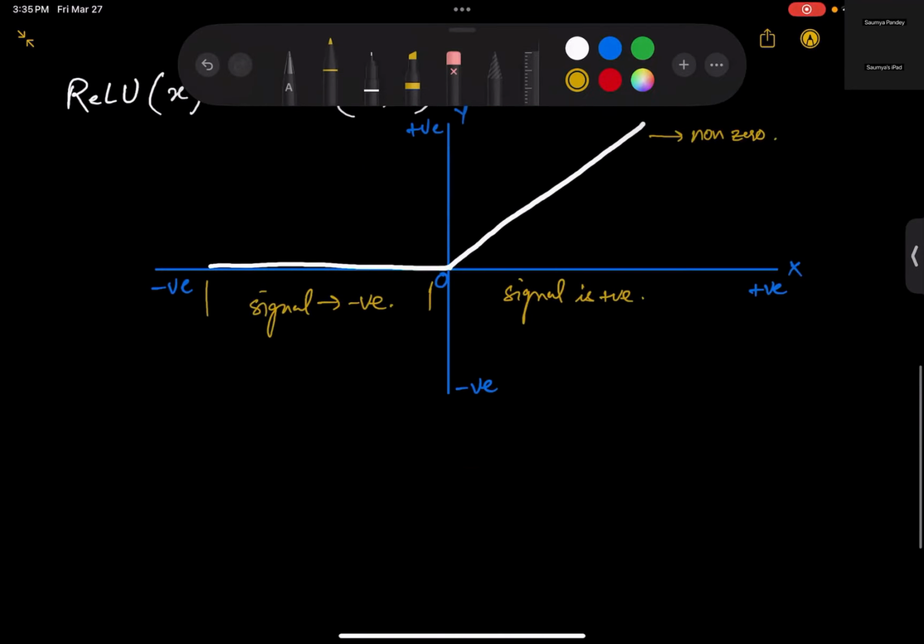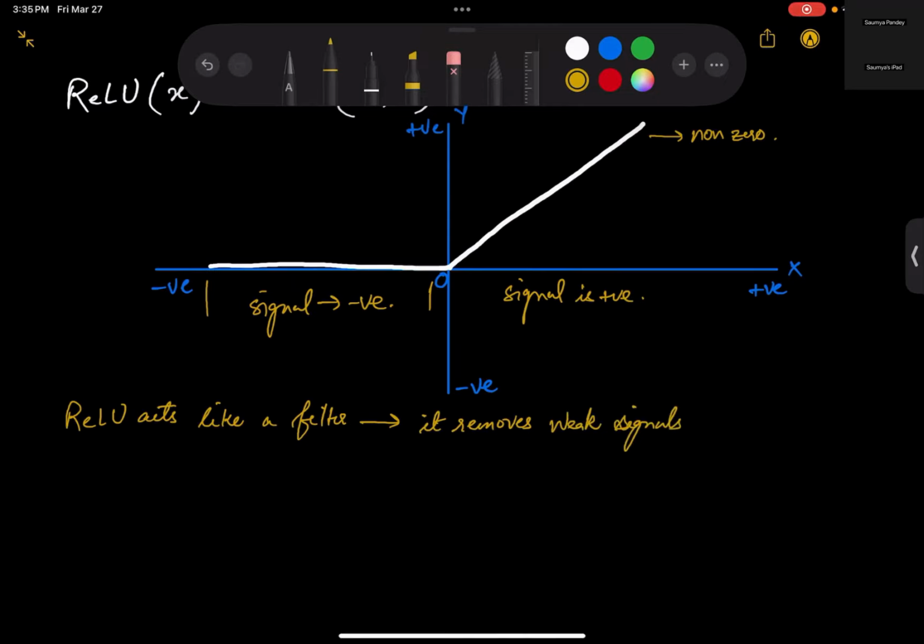So basically, ReLU acts like a filter. It removes weak signals and keeps strong signals.